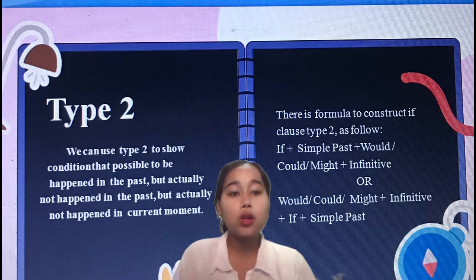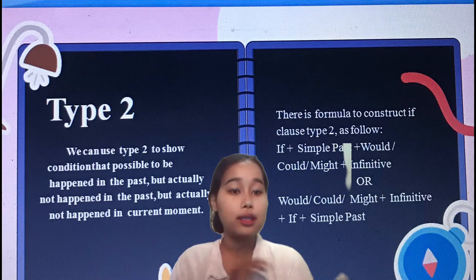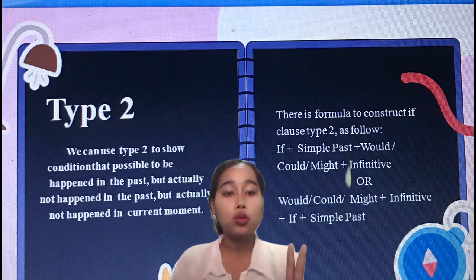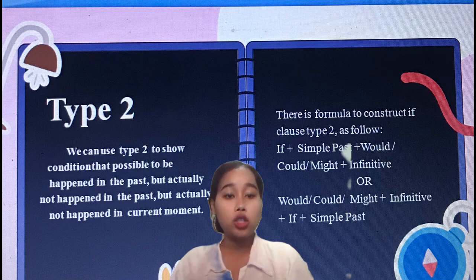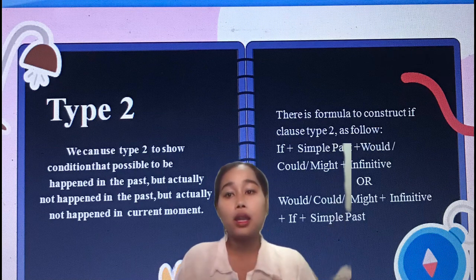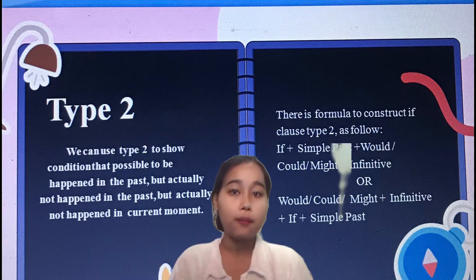Okay, now I will explain about the conditional sentence type 2. So we can use type 2 to show condition possible to be happen in the past but actually not happen in the current moment.